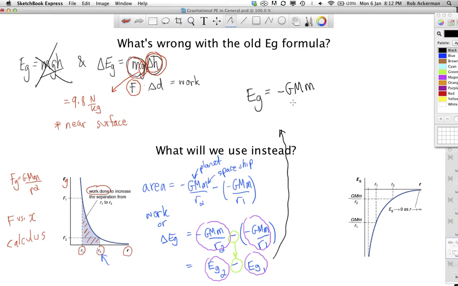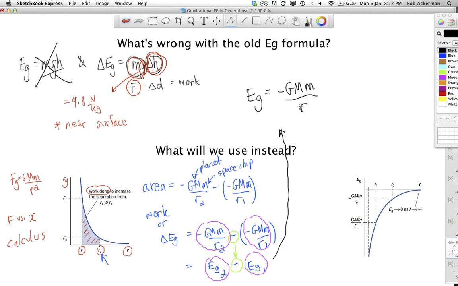It's got a little m for your mass, like the mass of a spaceship, over the distance that the two centers of those two objects are separated. And here is your new formula for Eg. It's a little bit tricky, it looks a little weird, it looks nothing like what we had over here, but it actually comes from calculus, and if you work out the units, you'll see you do get joules on the left side if you plug in all the right units on the right side.